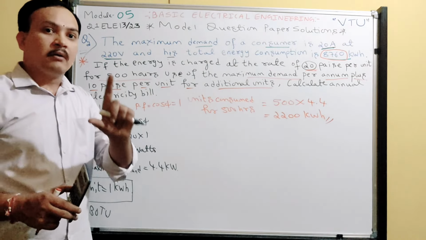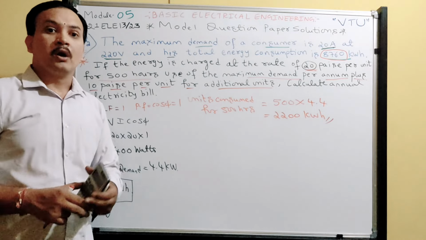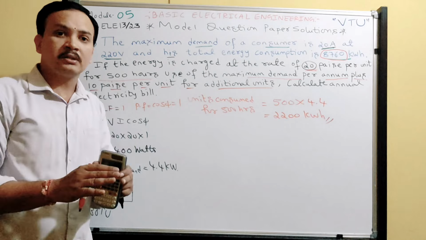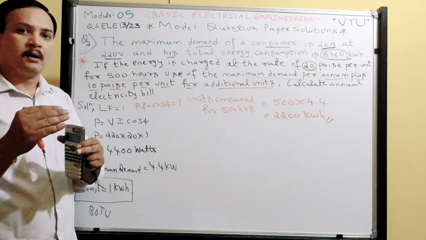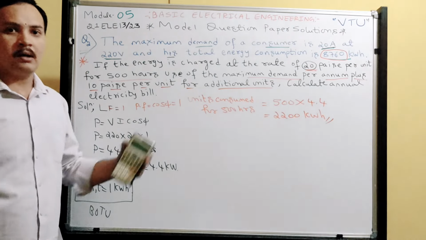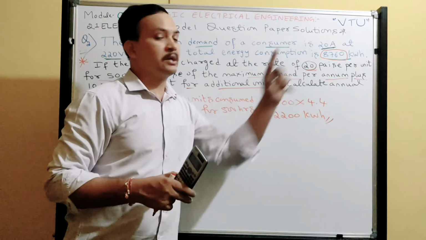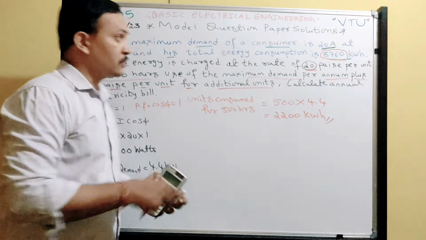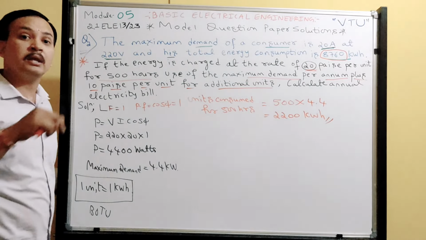For the remaining hours we don't know how many hours the consumer is not switched on, or how much power is consumed. The given data is the total energy consumption by that person, 8760, so from that we can find the remaining units.